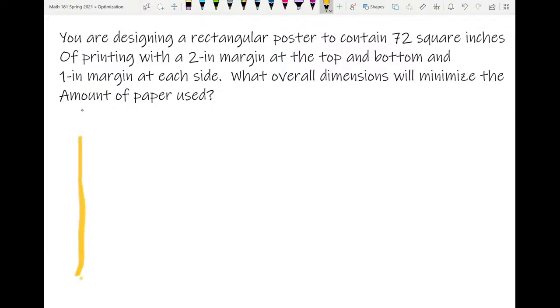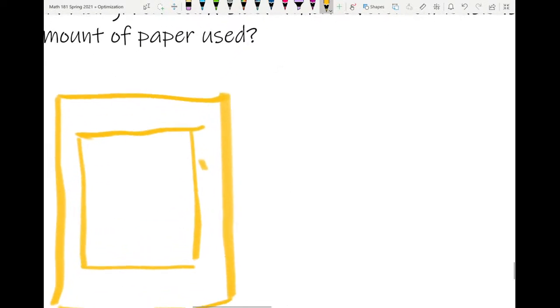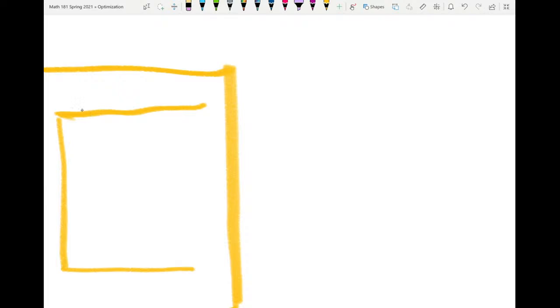So if I draw this out, here's my poster. On the side, it will have 1 inch, and on the top, I have 2 inches.